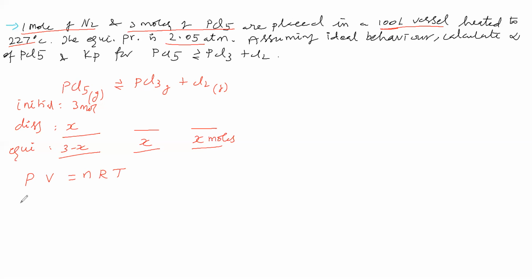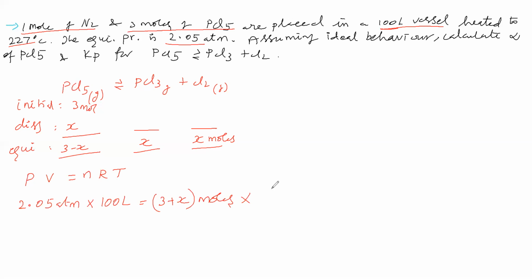P is the equilibrium pressure, V is the volume of vessel, and n is the total number of moles at equilibrium. That means 3 minus x plus x plus x, therefore we can say 3 plus x moles.